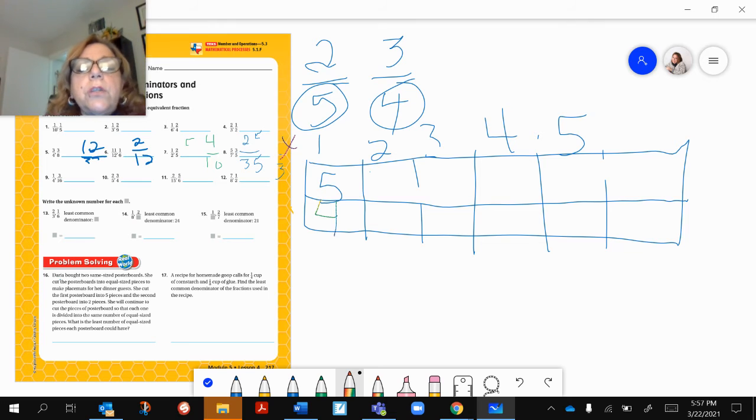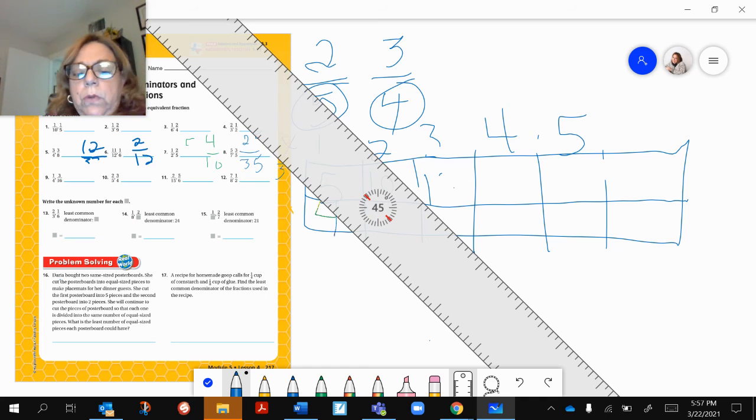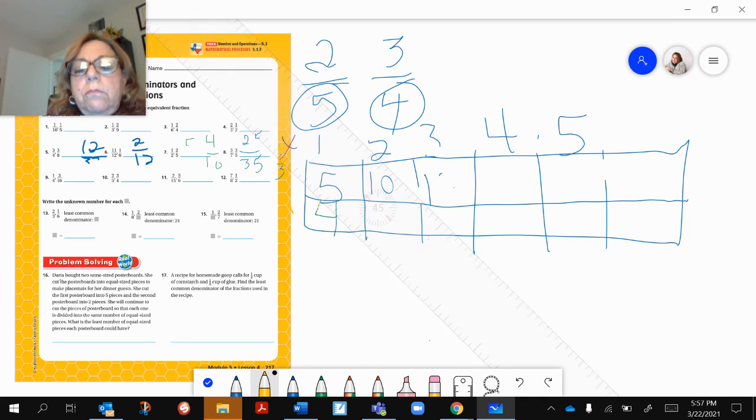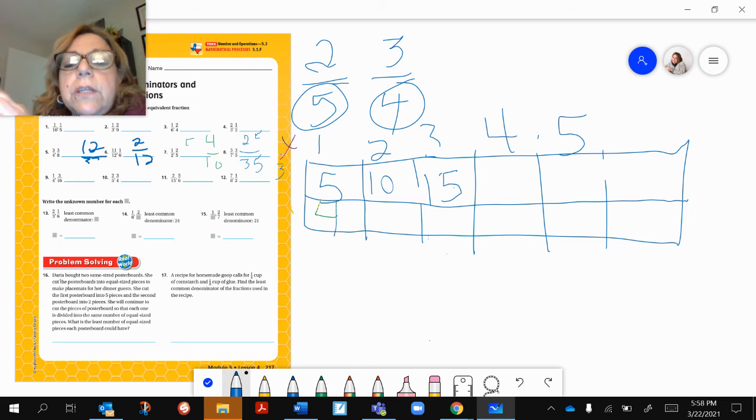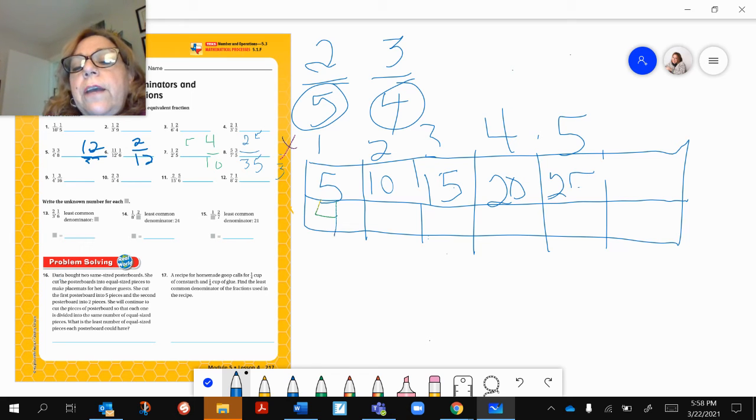And my multiplication. So I have 1 times 5 is 5. 2 times 5 is 10. 3 times 5 is 15. Now you're skip counting, so you can just go 5, 10, 15. Next would be 20, and then 25.